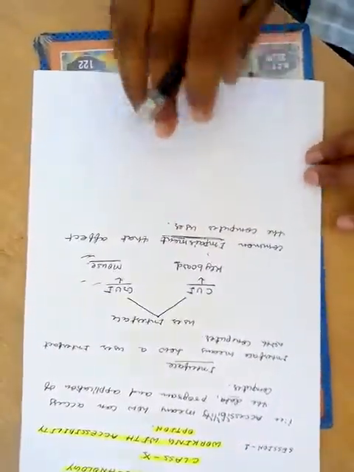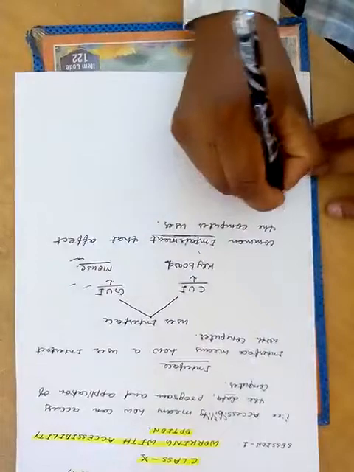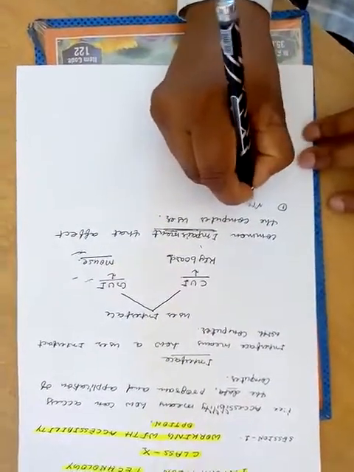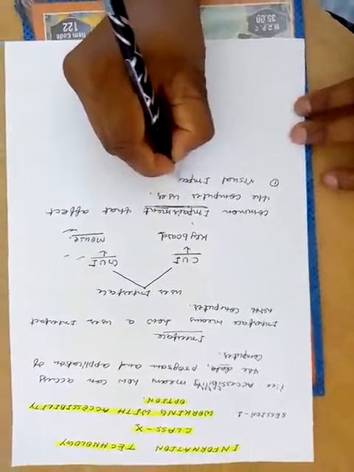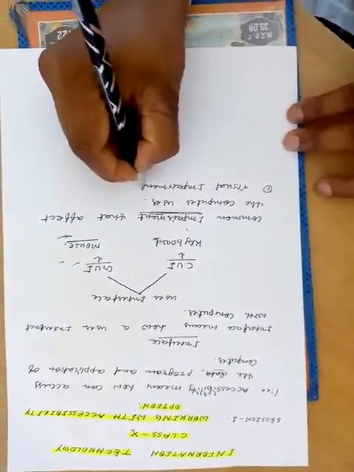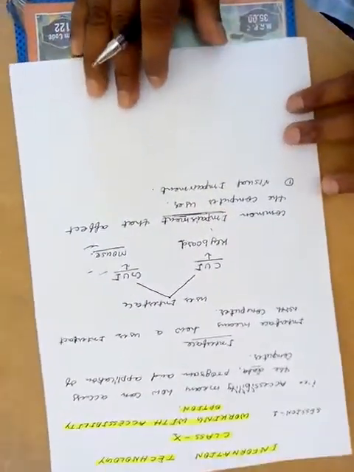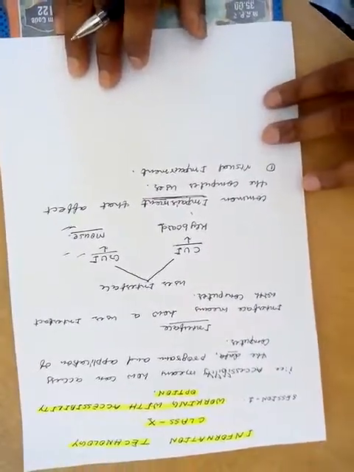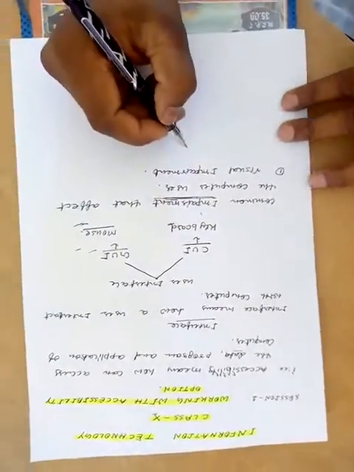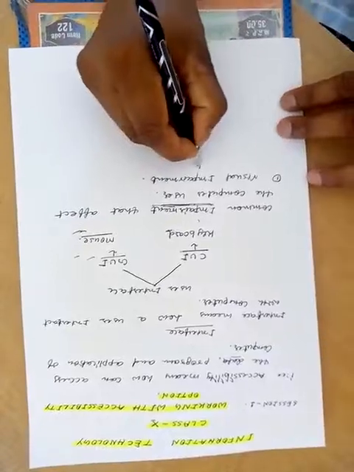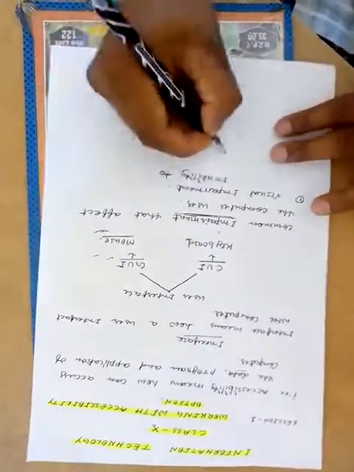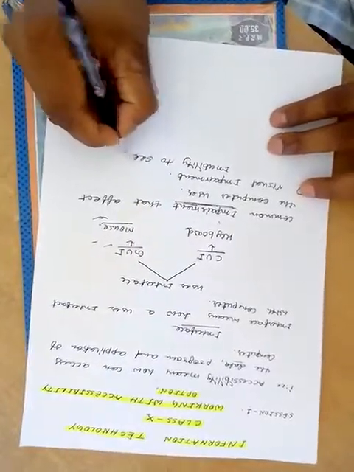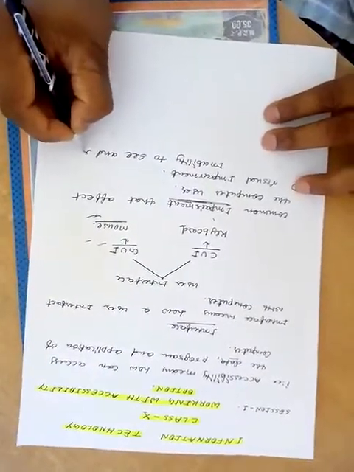Okay, now we will discuss different types of impairment. First is visual impairment. Visual impairment means inability to see and read.